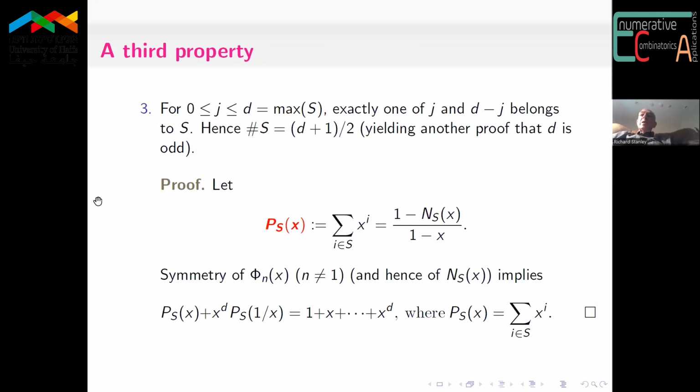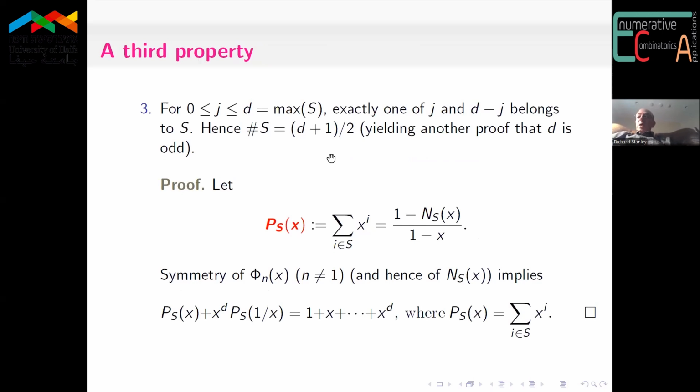For any number j between 0 and the maximum element of S, which I call d, exactly one of the numbers j and d minus j belongs to S. That means the cardinality of S is (d plus 1) over 2. That gives another proof that d is odd.